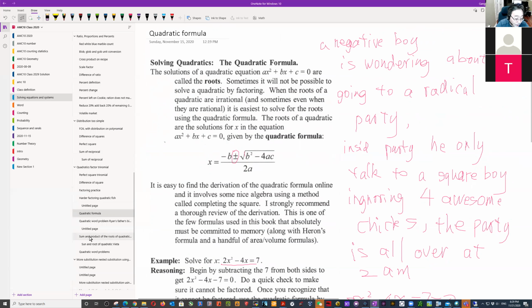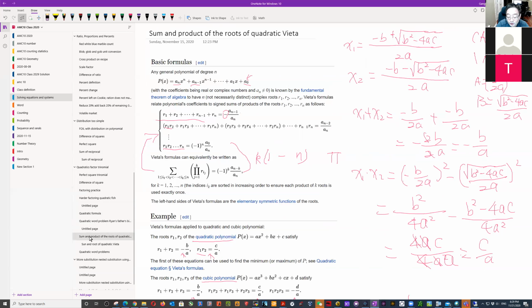And in case you forget, the summation is really easy because obviously they cancel, negative b over a. And because they cancel, the leading part is going to double. So this part obviously is going to double because you have to add two roots together.